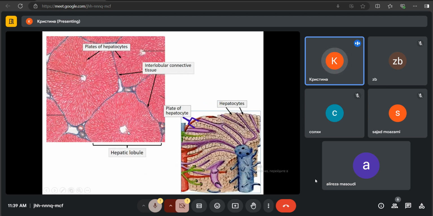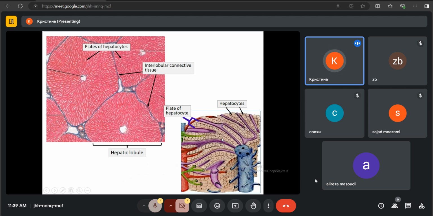So here we see several lobules separated from each other with layers of loose fibrous connective tissue. At the center, we have the central vein.